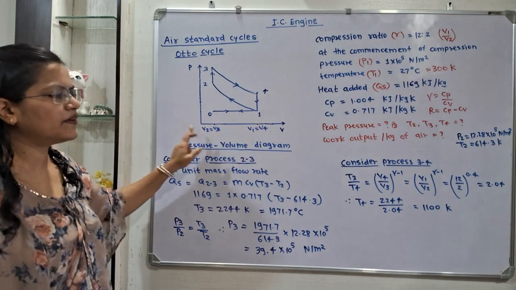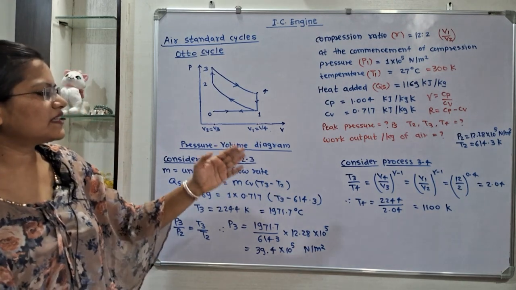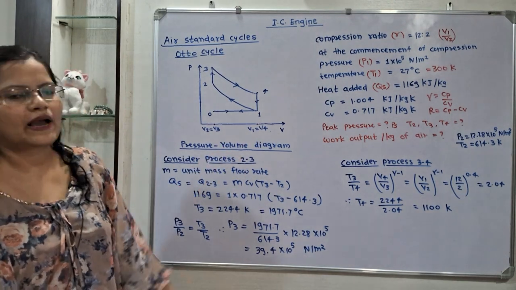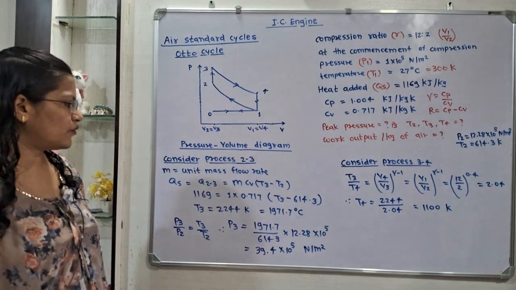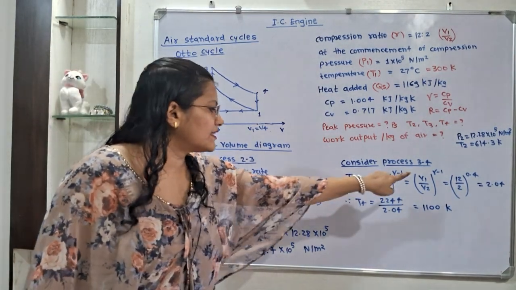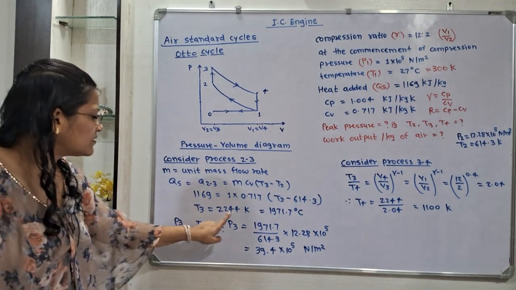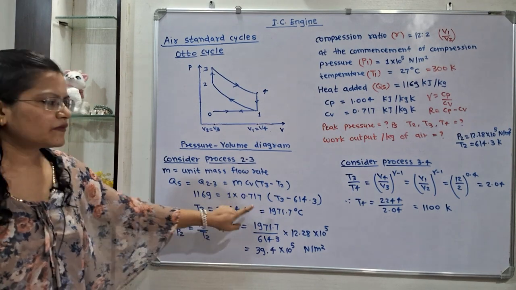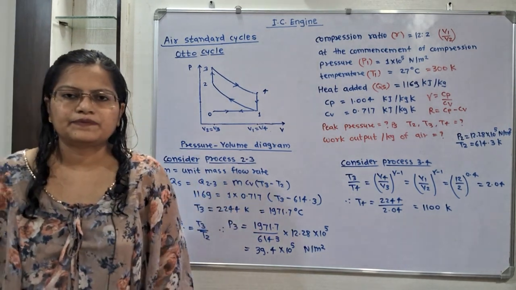V1 by V2 is the compression ratio. So we can say that it is equal to r raised to gamma minus 1. When we put the value, we will get 2.04. So how to calculate T4? T4 is equal to T3 divided by 2.04. We have to take this T3 in Kelvin only, and then we will get T4 as 1100 Kelvin.